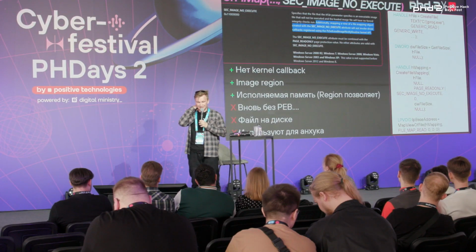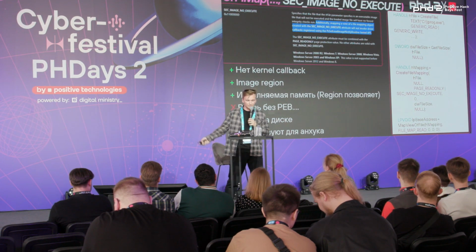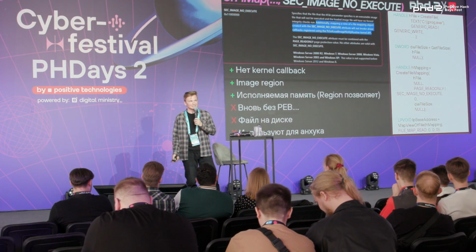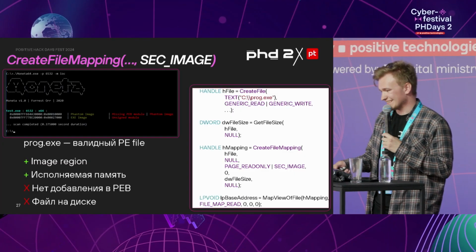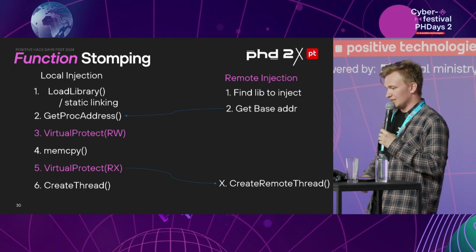So here are the documents, and you can see this written in black and white. Okay, we can run this from memory, and this is used for some non-standard unhook libraries. So this is just like sec image mapping.